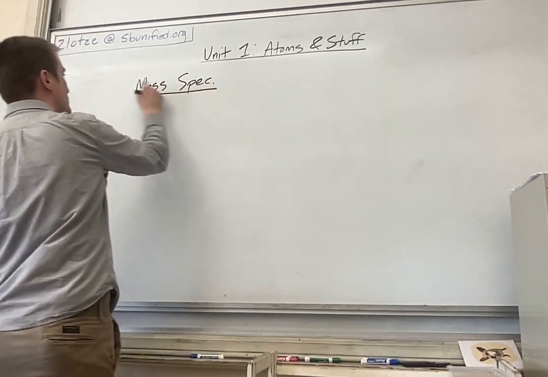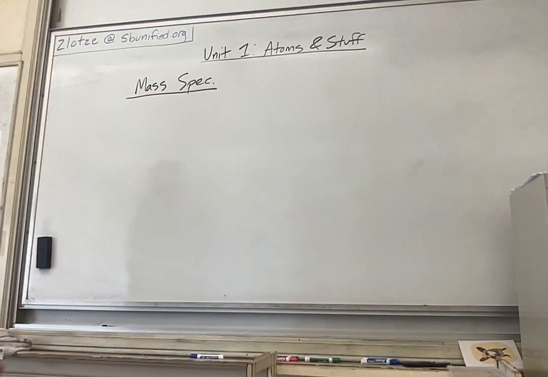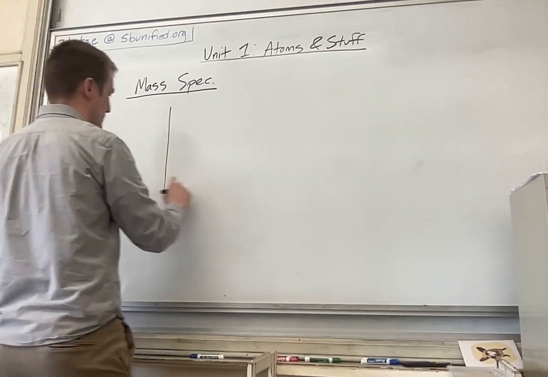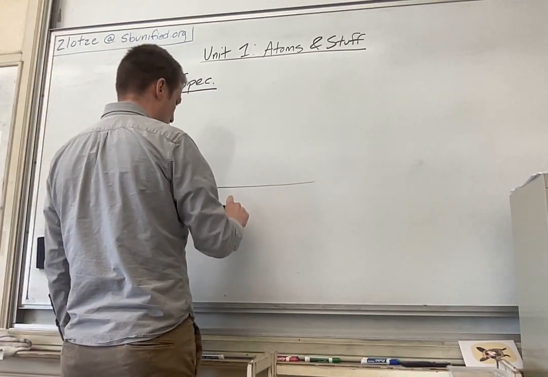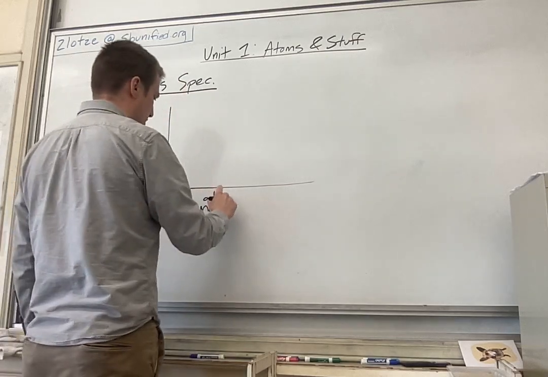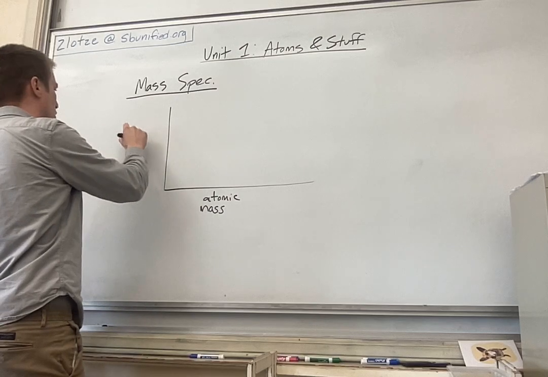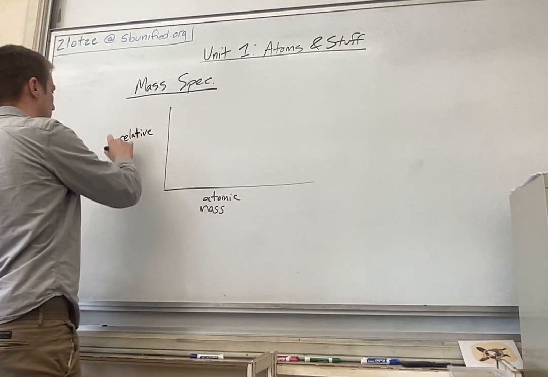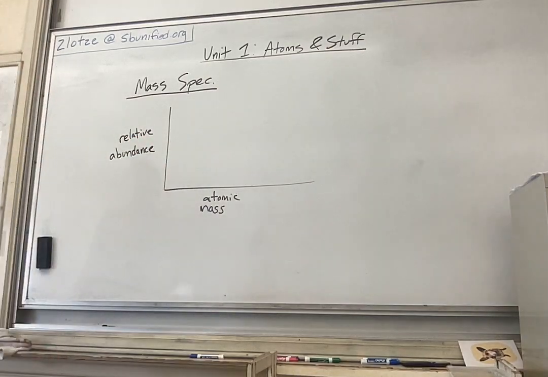So, they like to give you graphs like this, where it's mass, like atomic mass in AMU, and then this is like relative abundance, like what percentage of that element is made of atoms of that mass.